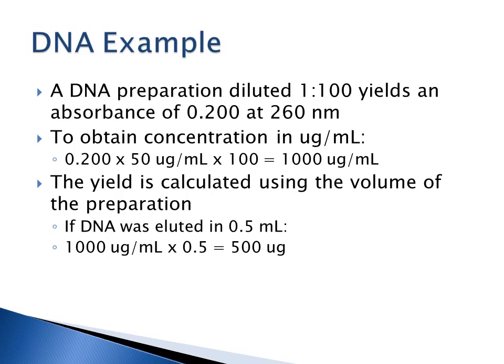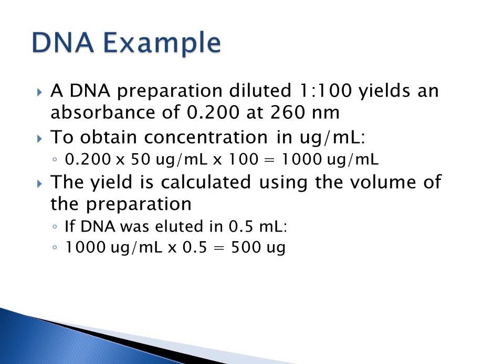We're going to do an example of DNA. So you've just extracted DNA using one of the methods that we've discussed. You dilute it 1 to 100. You run it in the spectrophotometer at 260 nanometers, and you get an absorbance reading of 0.2.